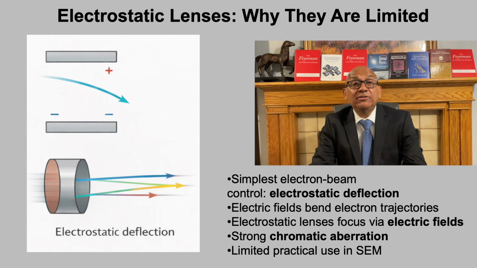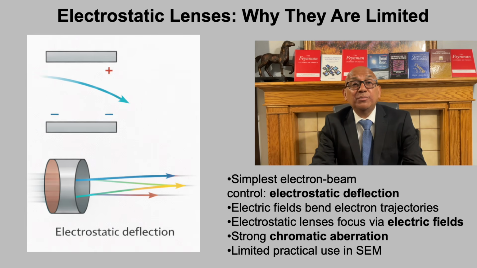While electrostatic lenses are conceptually simple, a fundamental problem arises from how strongly their focusing strength depends on electron energy. Electrons with slightly different energies are bent by different amounts and therefore come to focus at different axial positions. This effect leads to a strong chromatic aberration, where the beam cannot be focused to a single sharp probe when there is an energy spread in the electron source.